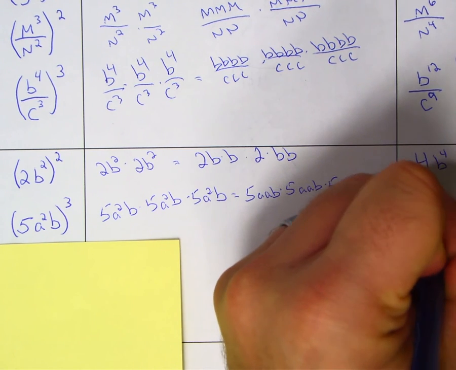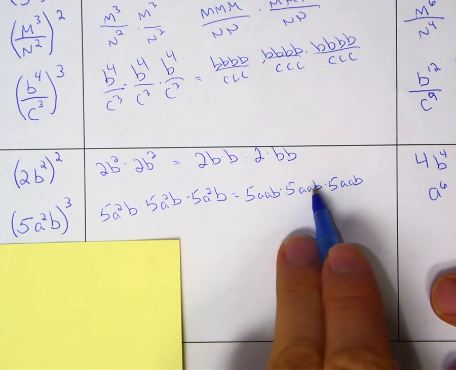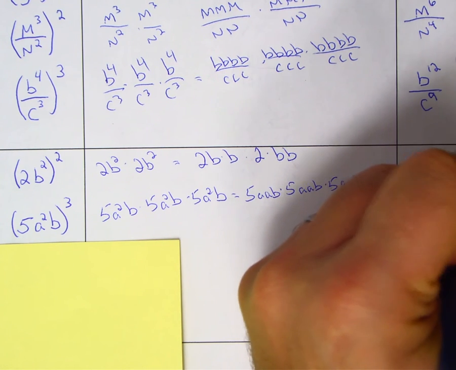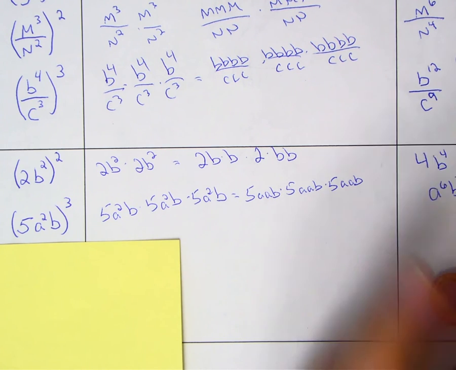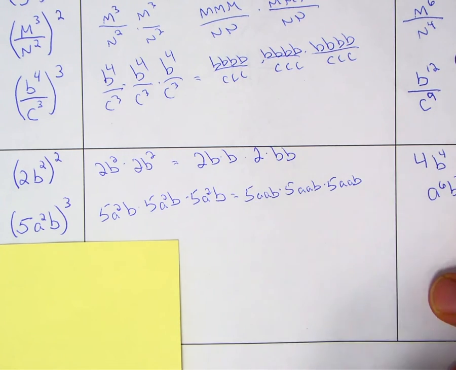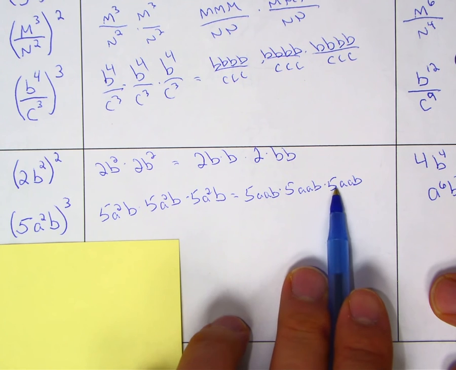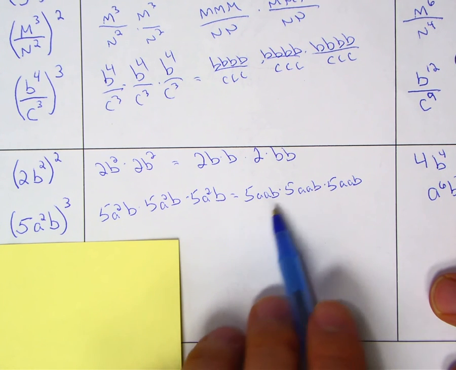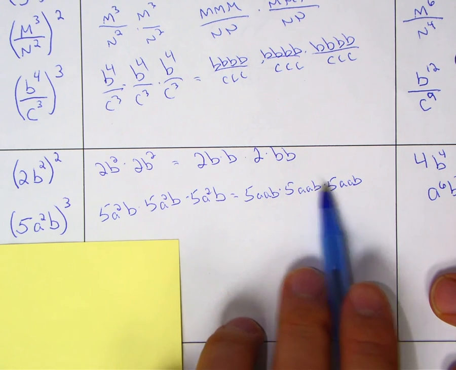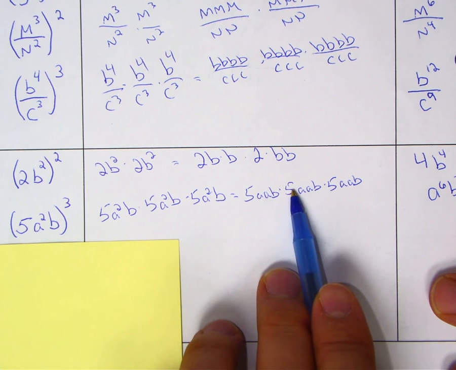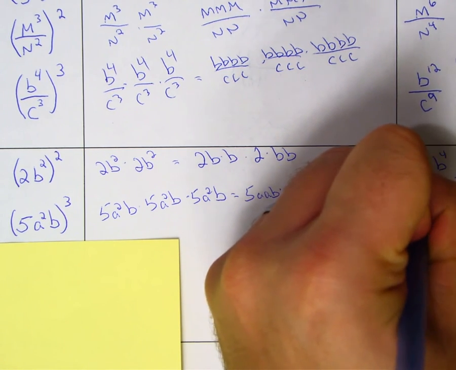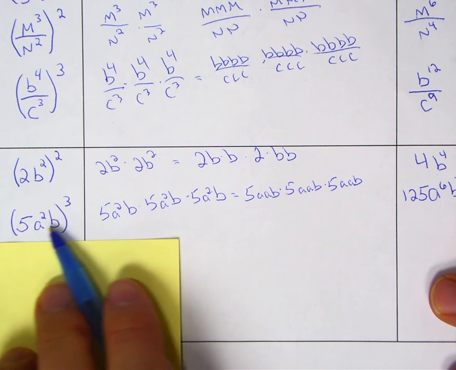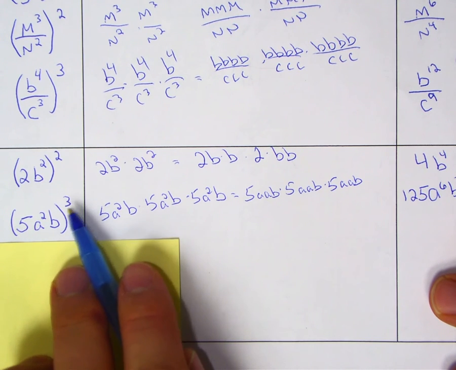So that's a to the 6. We've got 1, 2, 3 b's. So that's b to the 3rd. And we've got 1, 2, 3 5's. So that's 15, right? No, it's not 15. 5 times 5 times 5 is not 15. 5 plus 5 plus 5 would be 15. So 5 times 5 is 25, and 25 times 5 is 125.